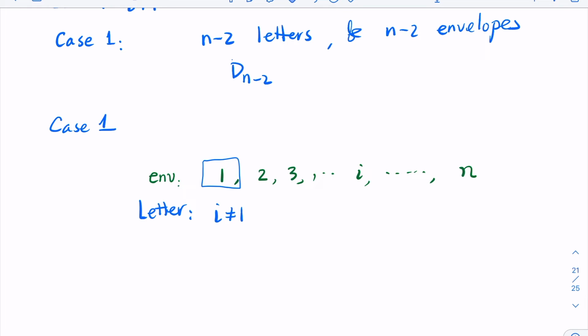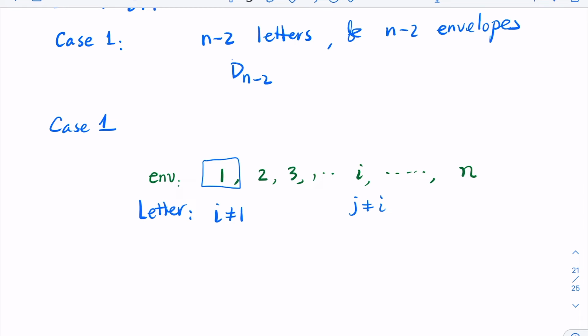The letter 1, you don't know where it goes, and here you may have other cases. So what we do is, this is fixed: envelope 1 contains letter i, but envelope i contains something that is j, and j is not equal to 1.